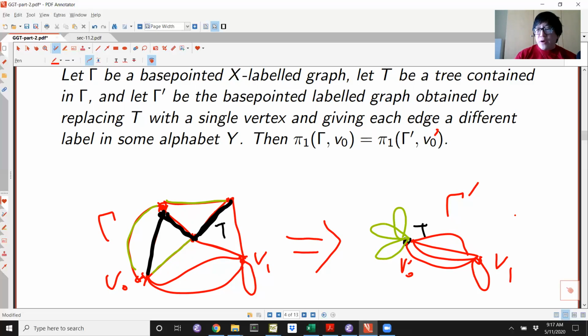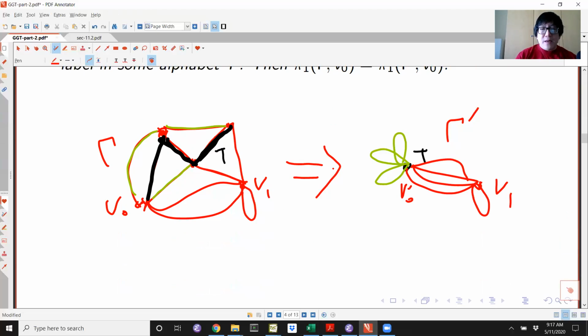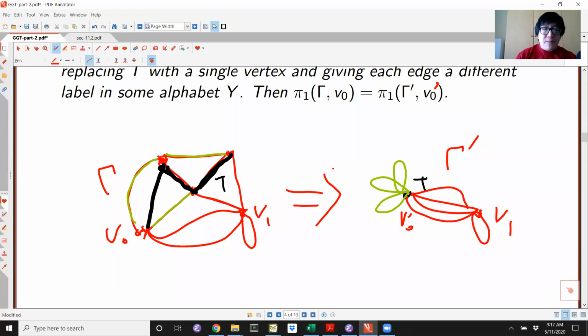Oh yeah, and in order to preserve this idea of labeling, we're just going to give every edge over here a different label. So in that case, what the theorem says is that pi 1 of gamma with base point v sub 0 is equal to pi 1 of gamma prime with base point v sub 0 prime.